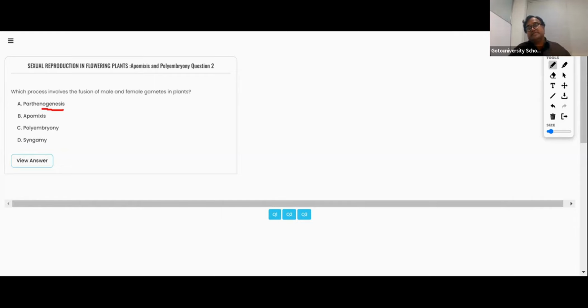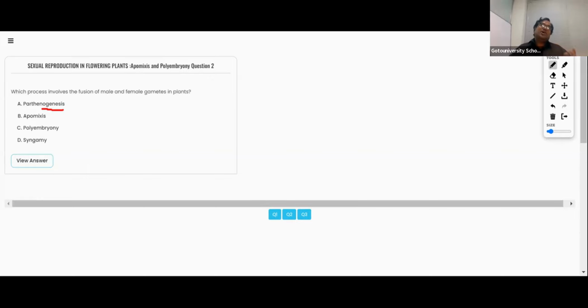Parthenogenesis, we discussed only 30 minutes back. I can say it for female parthenogenesis. For animals also I can say, for plants also I can say. For animals, I already gave the example: the drones, queen bee, and the worker. Three types of honeybees are there. Among these three, the worker is an outcome of parthenogenesis.